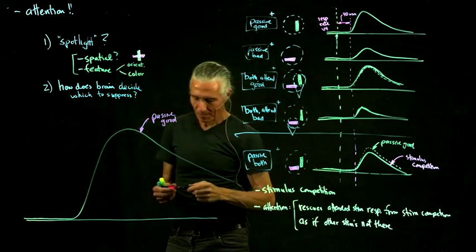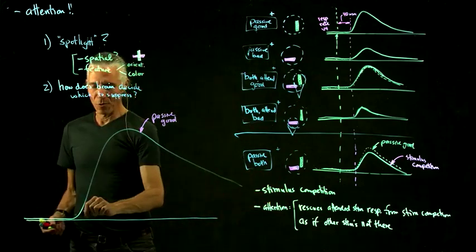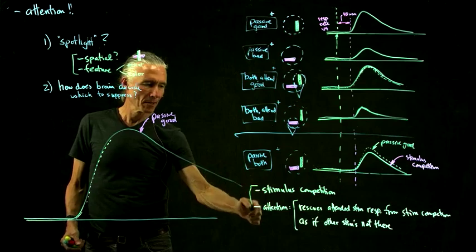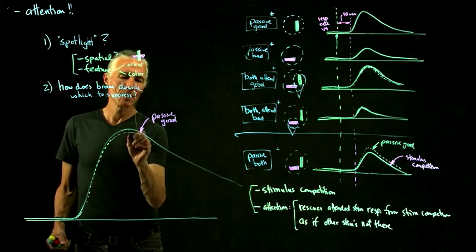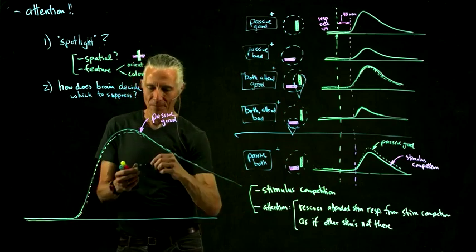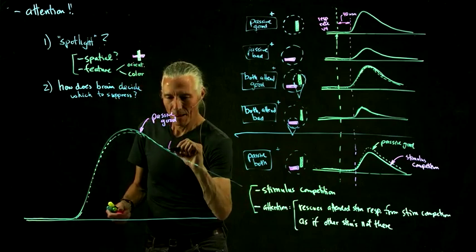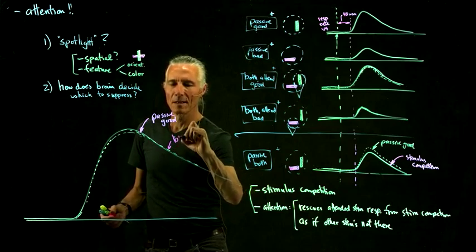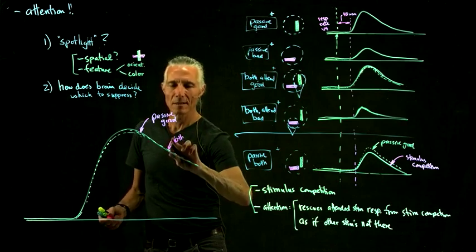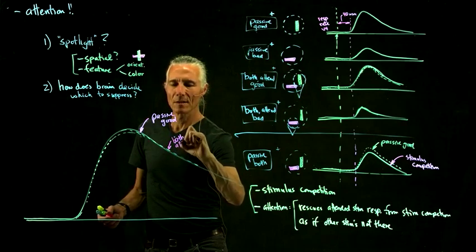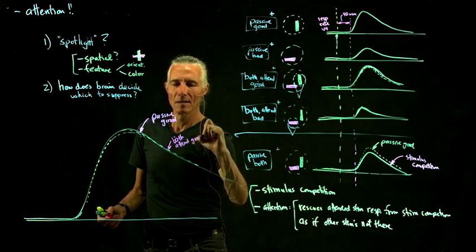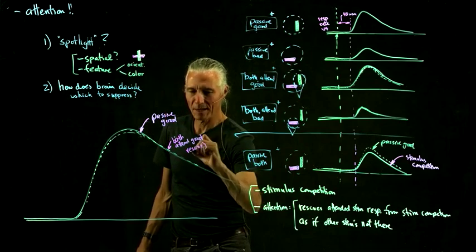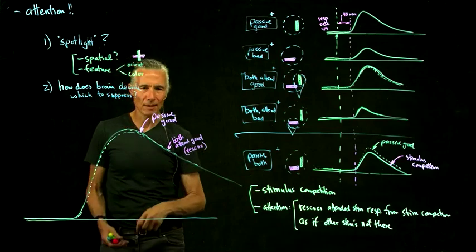And if we look at passive attend both, it's about the same. That was the conclusion from here. It pretty much rescues the response. So this dashed line is both attend good. So that's the rescue. It rescues the response that you would get against a black background if the other stimulus wasn't there.